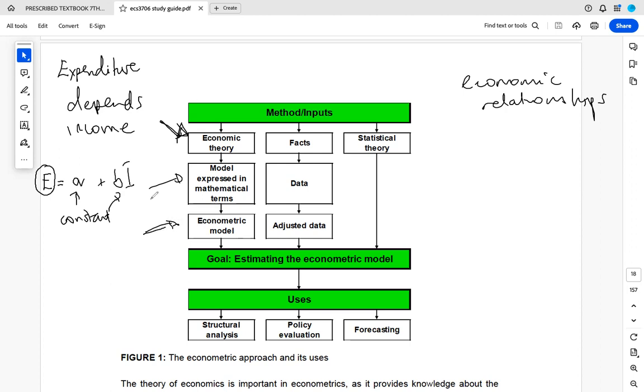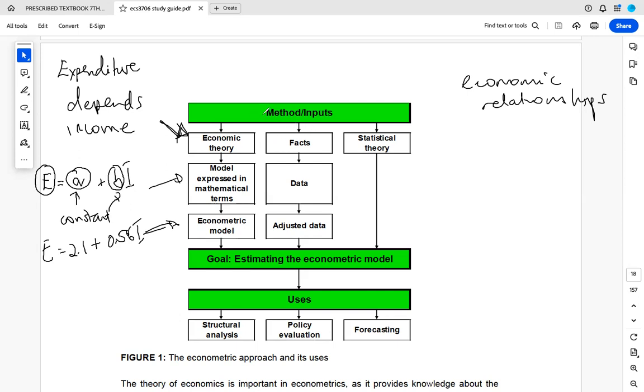We then use econometrics to help us to predict the value of this coefficient and the value of this coefficient, and then we end up with an econometric model. For example, our model might say A is equal to 2.1 and B is equal to 0.56. So we're going to look at how to do all those calculations, how to get those values of those constants and so forth, right?